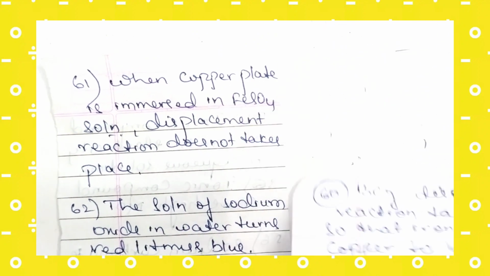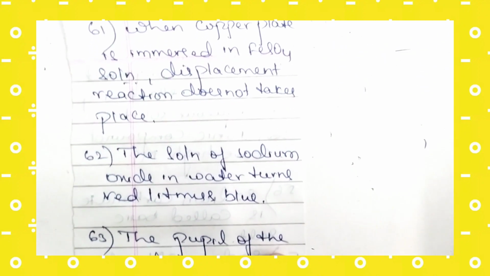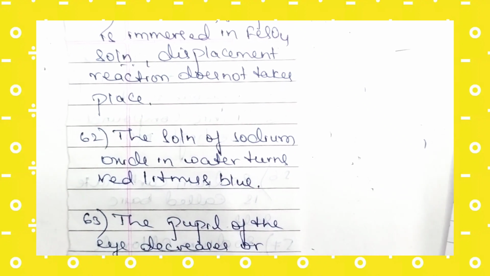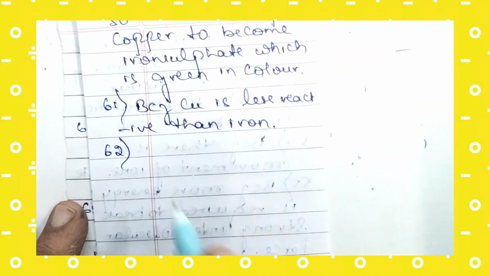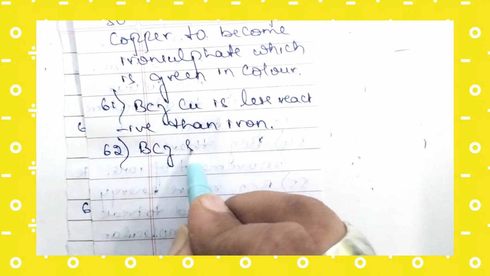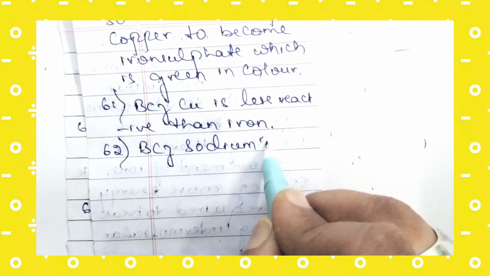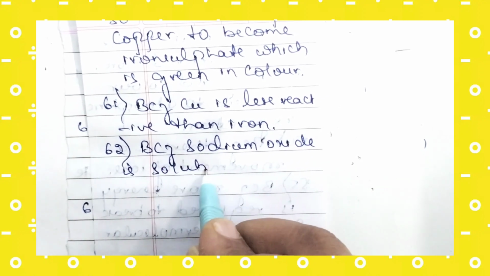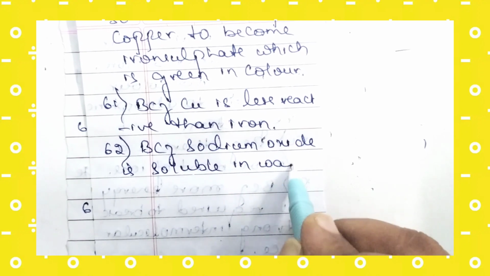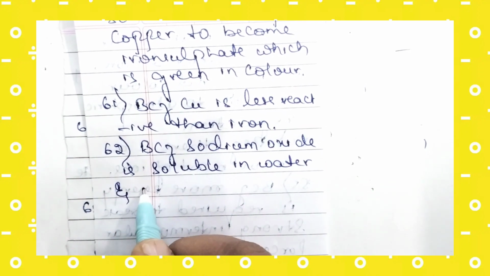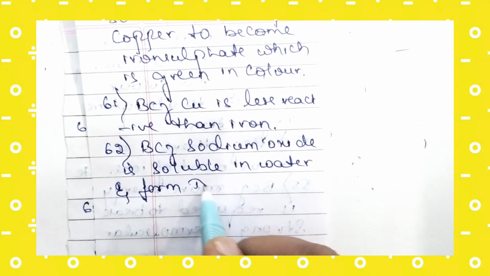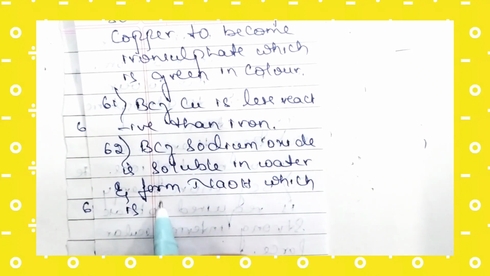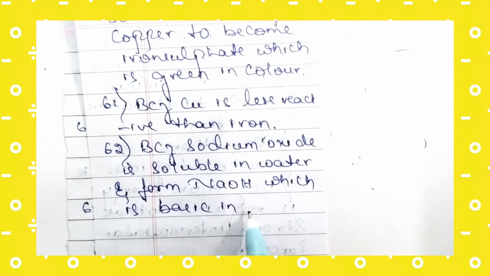Next, question number 62. The solution of sodium oxide in water turns red litmus blue because sodium oxide is soluble in water and forms sodium hydroxide, which is basic in nature.